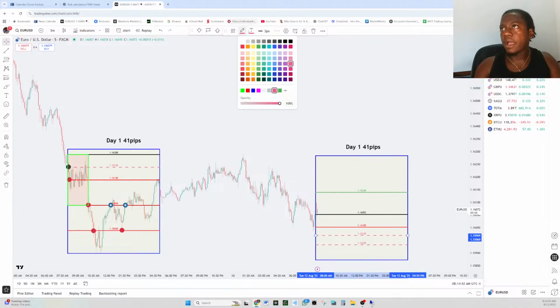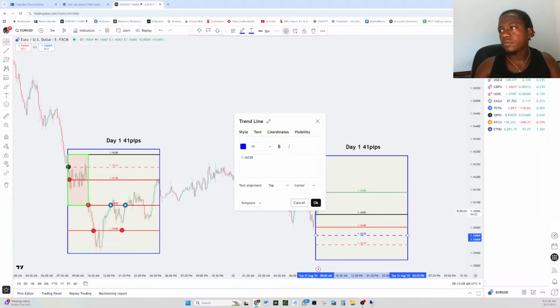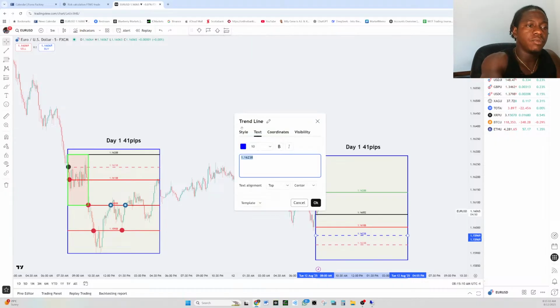It's gonna be the buy stop, which is 5 pips above the 8 a.m. candle open price. If the candle opened at 1.16052, add 5 pips, that gives us 1.16102.